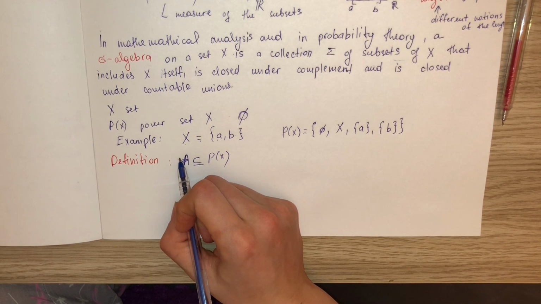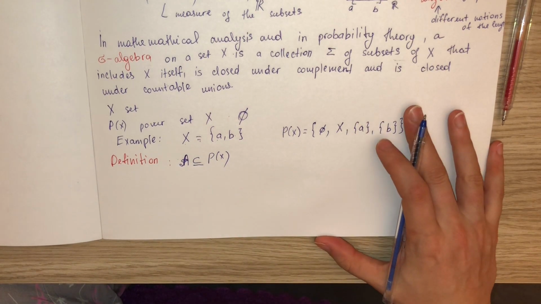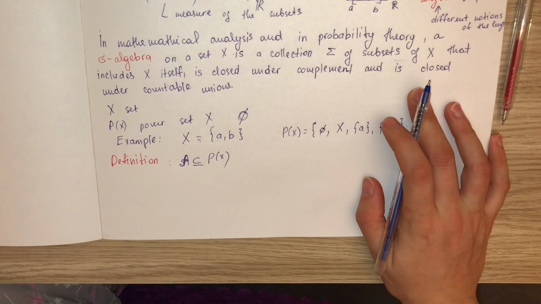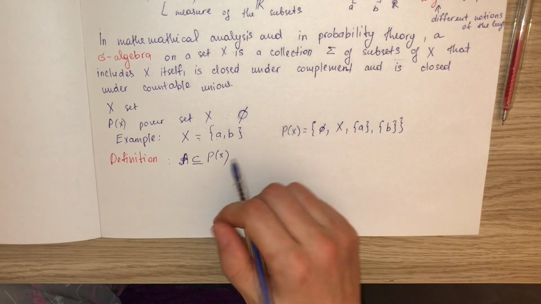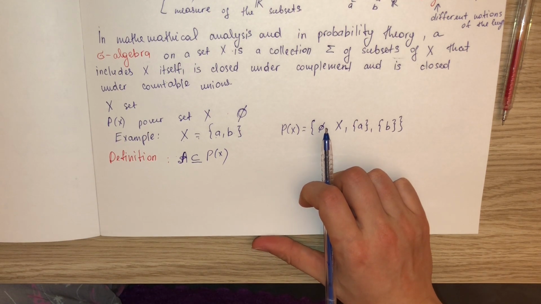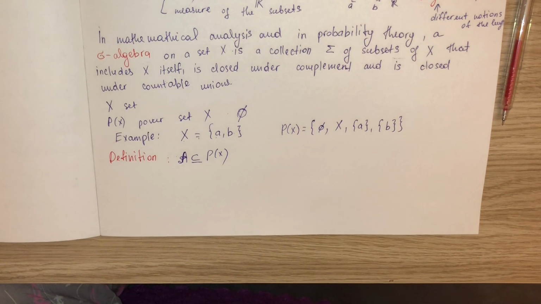It fulfills the following rules, and this will be three rules. Keep in mind that this notion of the Sigma-algebra is indeed the important definition in the whole measure theory, and therefore we start with this. Here the elements in the Sigma-algebra will be called the measurable sets.